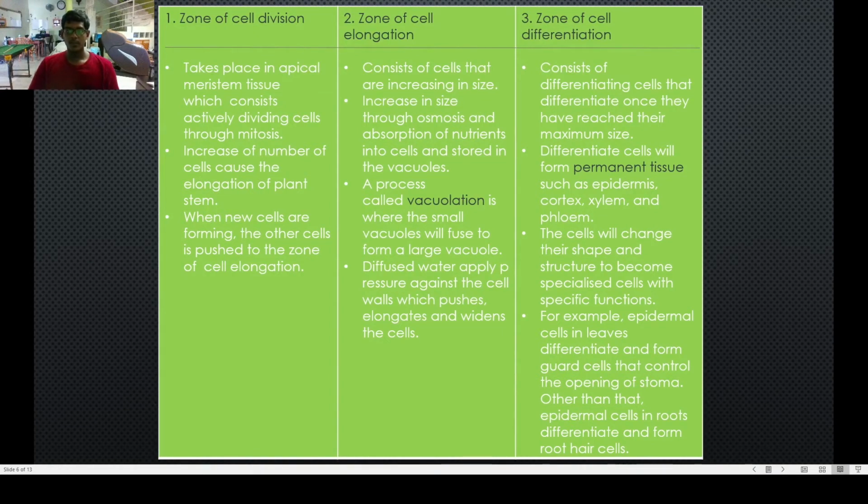The cells will change their shape and structures to become specialized cells with specific functions. For example, epidermal cells in leaves differentiate and form guard cells that control the opening of stomata. On the other hand, epidermal cells in roots differentiate and form root hair cells.